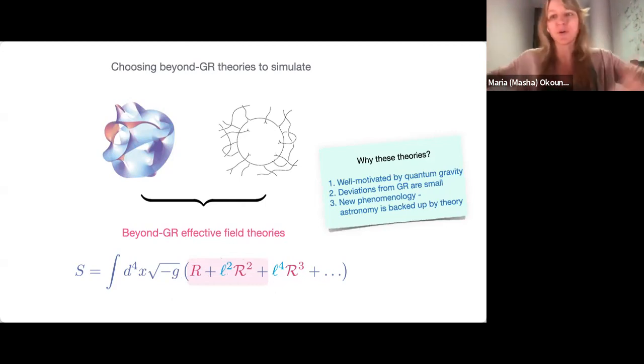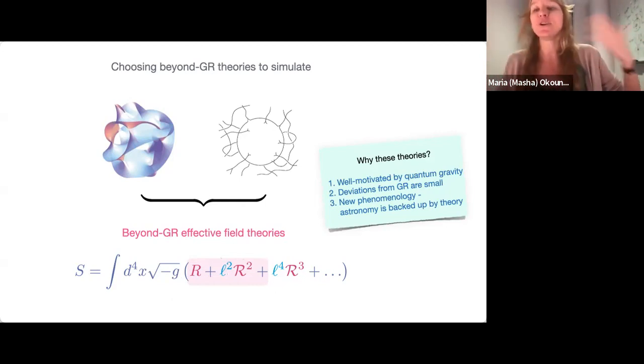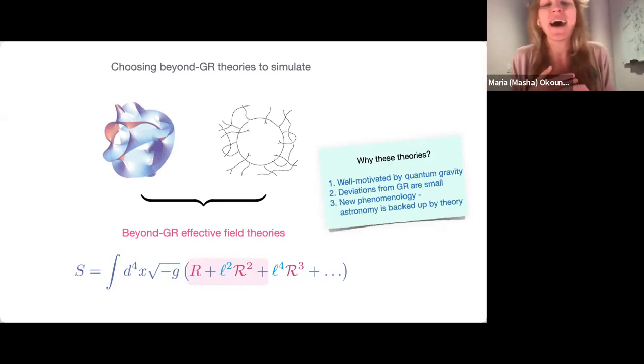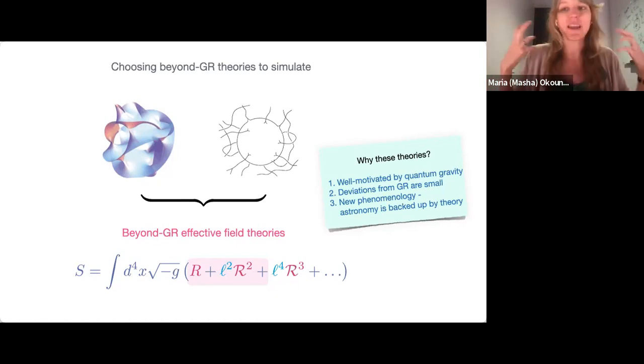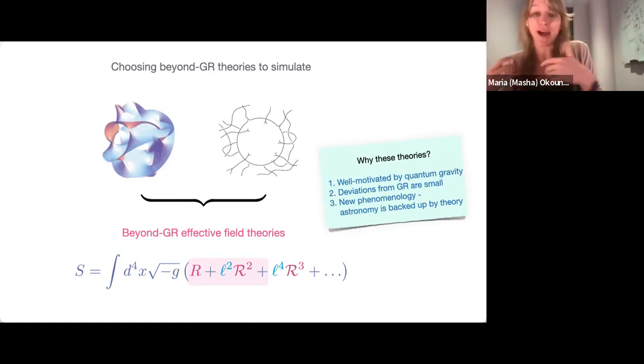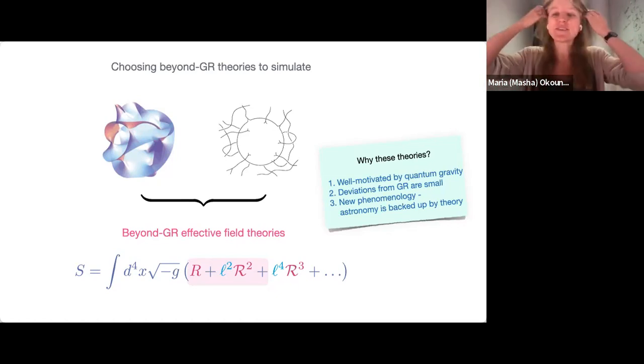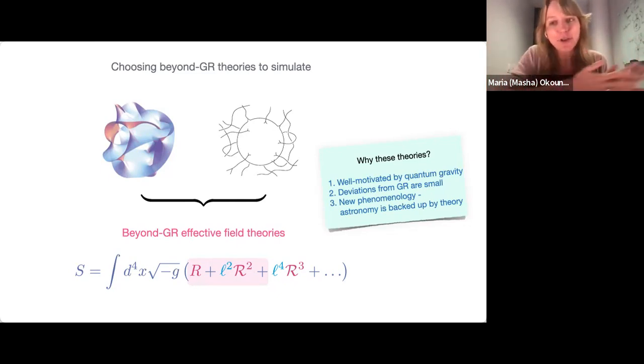So you pass, for example, all of the solar system tests when you're in a low curvature regime. And this length scale can, in a sense, be as small as you want it to be, including 0. And also they introduce new phenomenology, and ultimately astronomy and astrophysics need to be backed up by theory. And so these theories, as we'll see for black holes and neutron stars, introduce new phenomenology into the system, hence providing an avenue for testing general relativity.